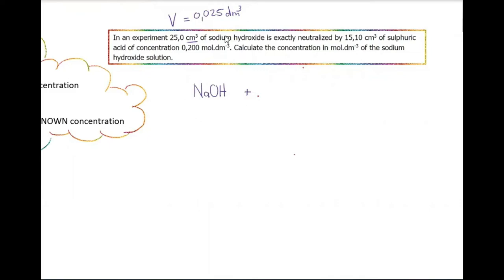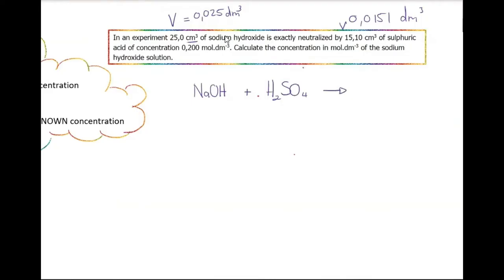Okay, so it is exactly neutralized by 15,1 cubic centimeters, which is 0.0151 cubic decimeters. All right, so that's also a volume of sulfuric acid. So these two substances react. So there are your two reactants. These two substances are reacting. Okay, and then what else do they give us?